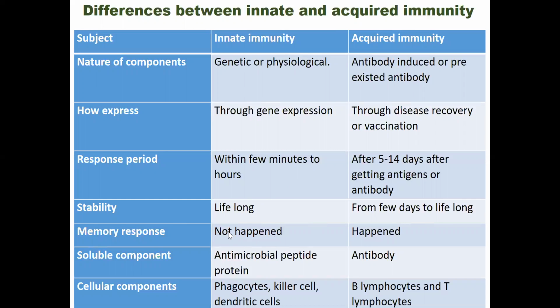No memory response happens in innate immunity, but a memory response happens in acquired immunity. The soluble components of innate immunity are antimicrobial peptides and proteins, and in acquired immunity, antibodies are the soluble components. The cellular components of innate immunity are phagocytes, killer cells, natural killer cells, and dendritic cells, and in acquired immunity, the cellular components are the B lymphocytes and the T lymphocytes.